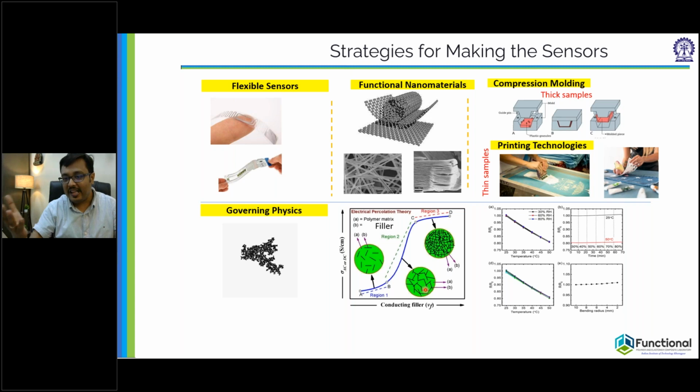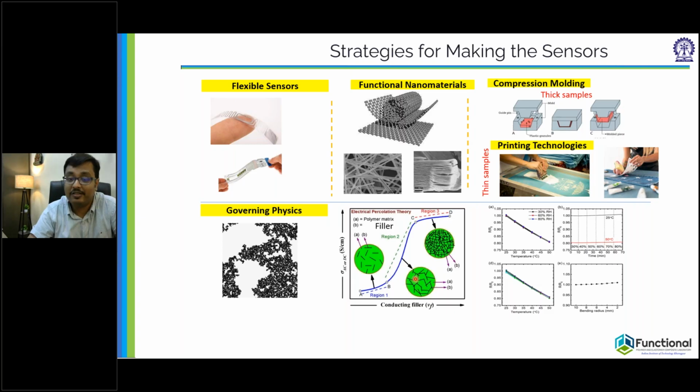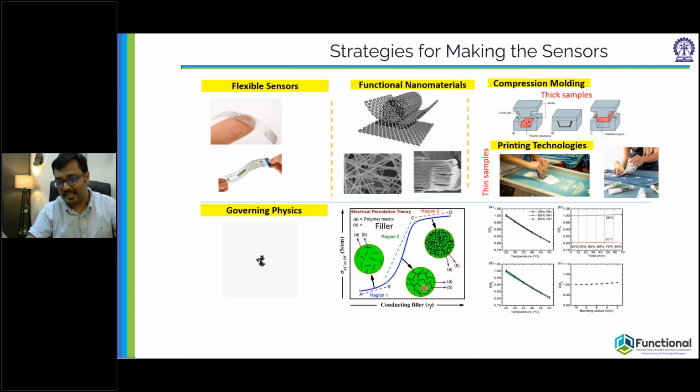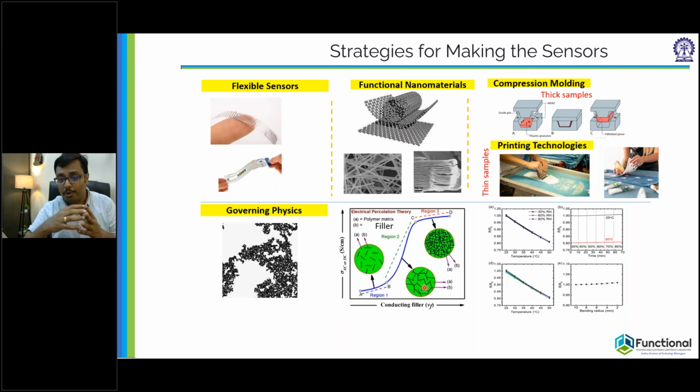If you are increasing or decreasing the temperature, the electron transmission through this network structure is also affected, because in some cases with an increase in temperature, the polymer chains present in the bulk also flow to a certain extent, or there is a certain volume expansion that happens, and those things push the effective electron connecting bridges and disturb the electrical resistance of the material.